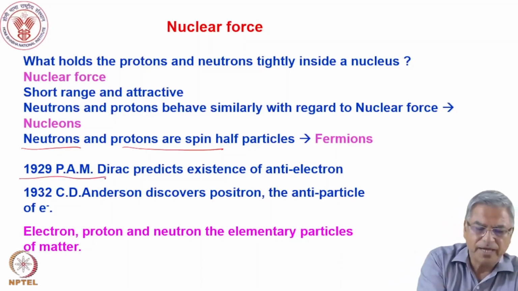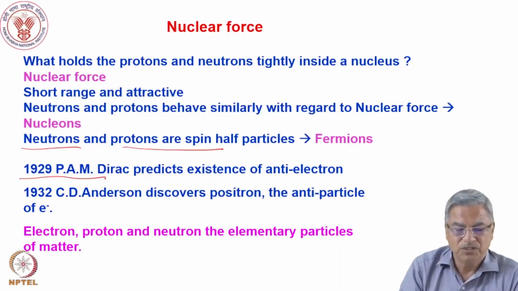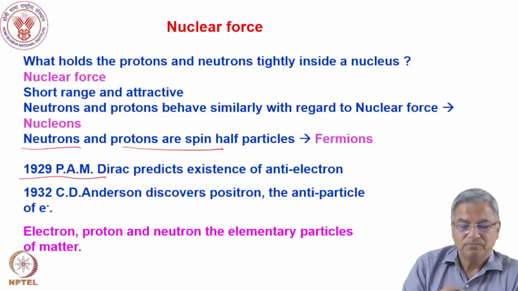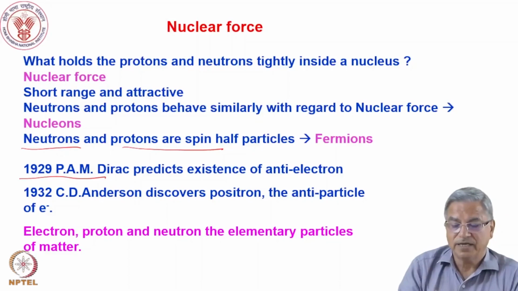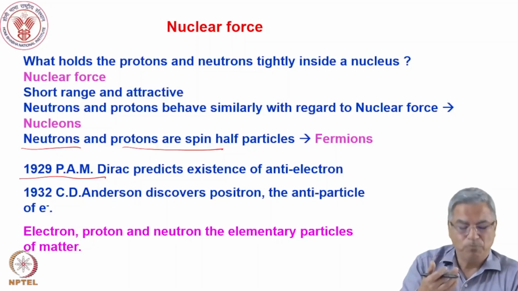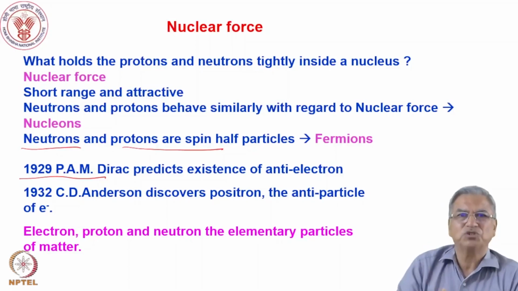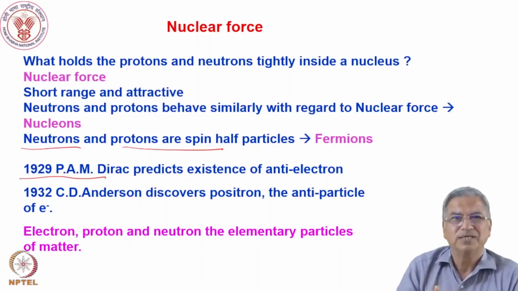In 1929, Paul Dirac in the UK predicted that the electron has an antiparticle, which he called the positron. In fact, Dirac's thesis is a very small thesis wherein he solves the equation of state of the electron and predicts that it has two solutions.